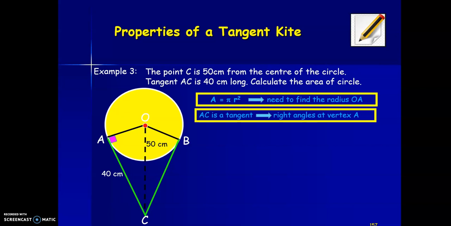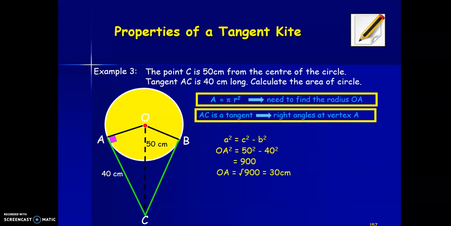This means we can use Pythagoras. Now we know the hypotenuse. Remember we said in an earlier example that the dotted line, the line of symmetry, is your hypotenuse. So we need to use the subtract version of Pythagoras. If we put in our values, we get 50 squared take away 40 squared, which is 900.